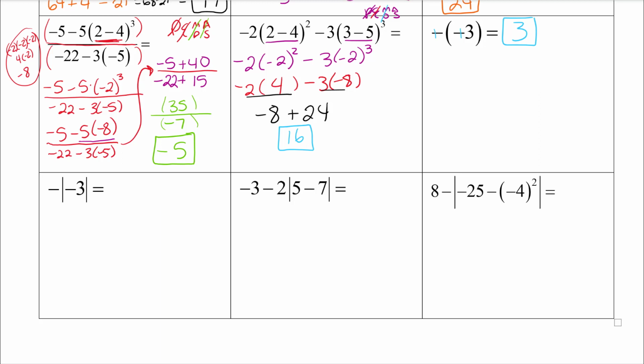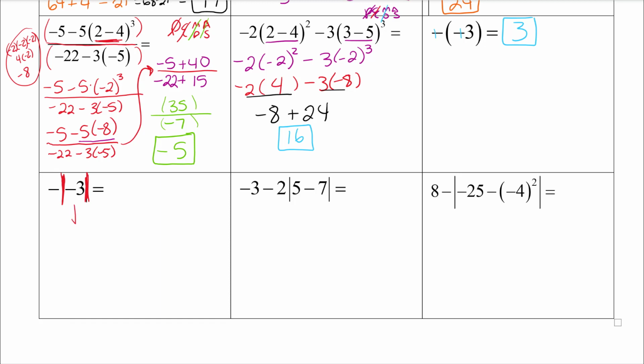Inside the P, parentheses, there wasn't much to do on the one we just finished, but inside here, it's not really parentheses, it's these bars. These are absolute value bars, which is the distance from 0. So if you have negative 3 on a number line, how far away is that from 0? Well, it's 3. Basically, the absolute value just makes whatever is inside the bars positive.